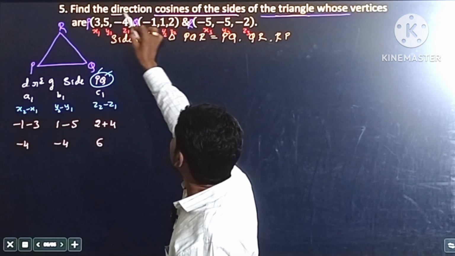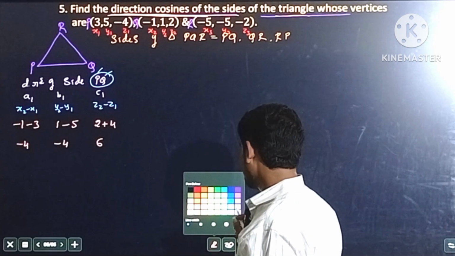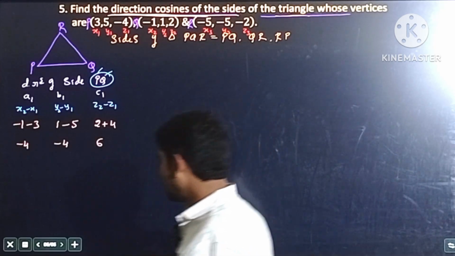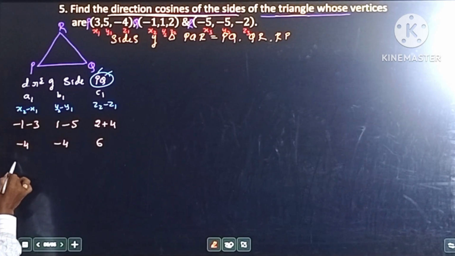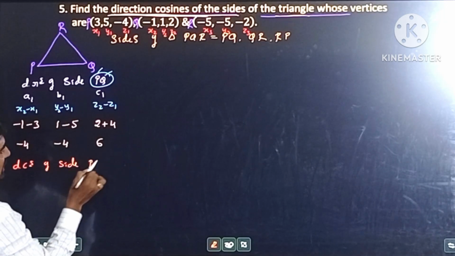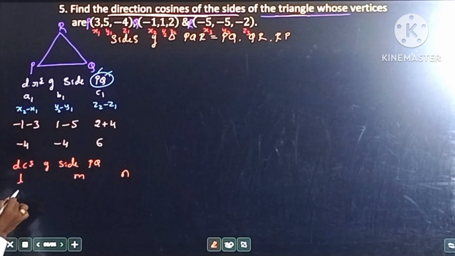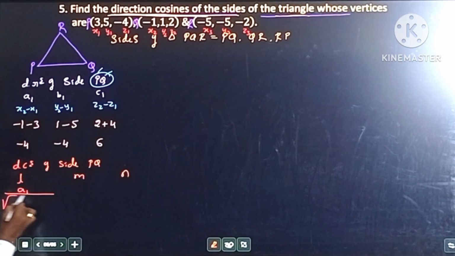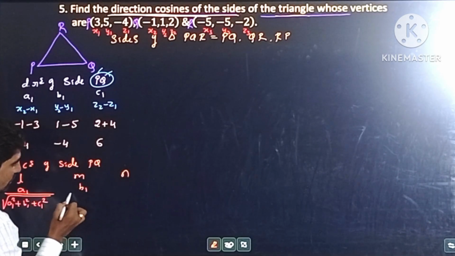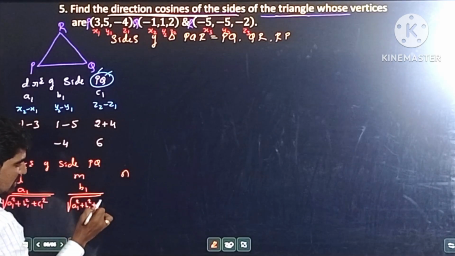But we need direction cosines. When the direction ratios of the line are known, then the direction cosines of side PQ are L, M and N. The value of L is A1 divided by the square root of A1 square plus B1 square plus C1 square. Similarly, M is B1 divided by the square root of A1 square plus B1 square plus C1 square, and N is C1 divided by the square root of A1 square plus B1 square plus C1 square.